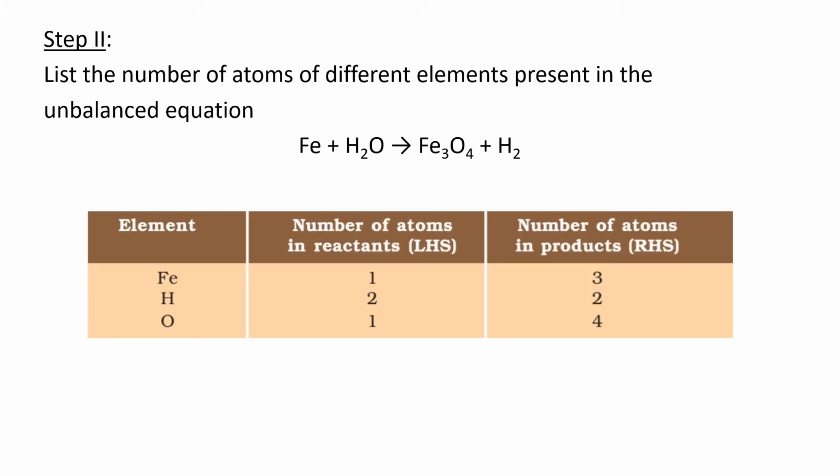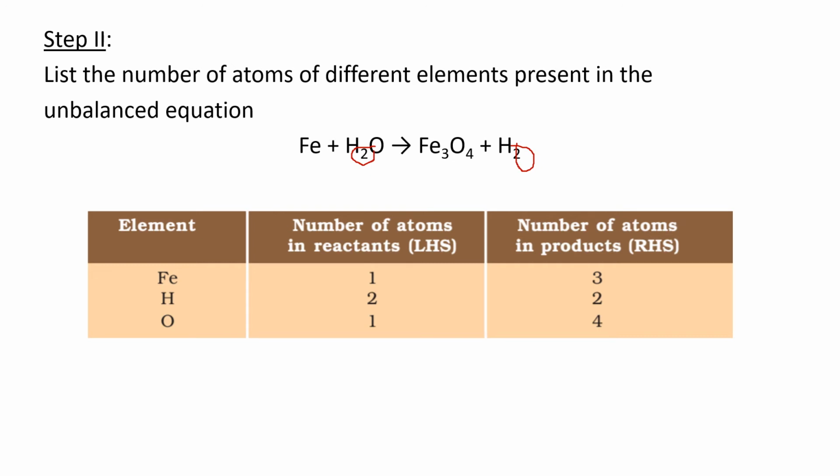So when we list out, we see that the element Fe has 1 atom on the left hand side and 3 atoms on the right hand side. The element H has 2 atoms on the left hand side and it has 2 atoms on the right hand side.